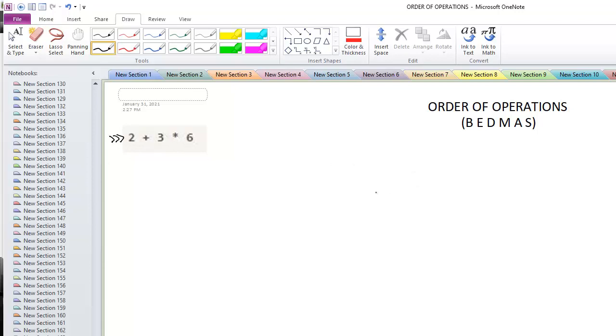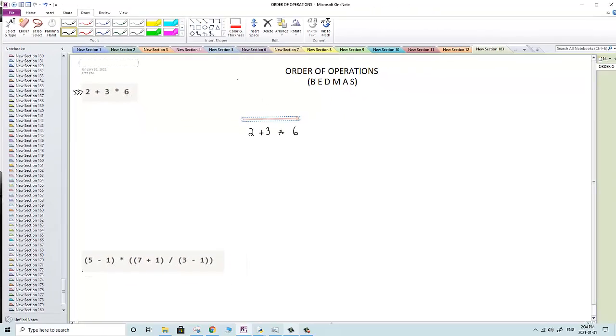Right away, many students don't know or they neglect the order of operation, and they say if I'm going from left to right, the steps are: 2 plus 3 equals 5, 5 times 6 equals 30.